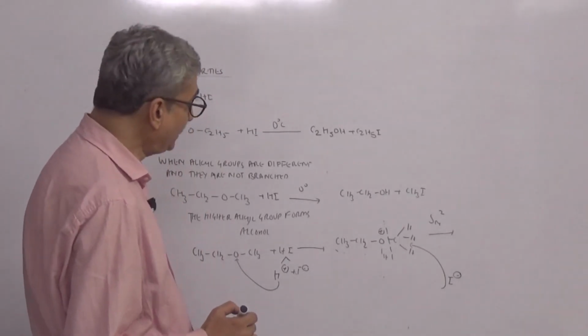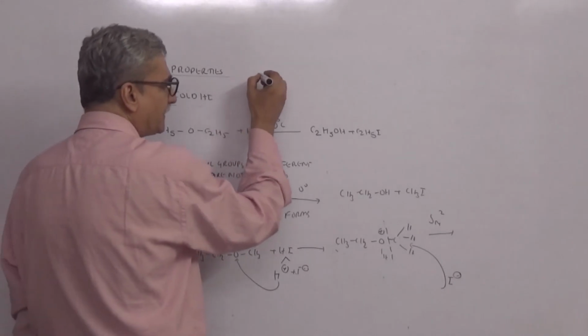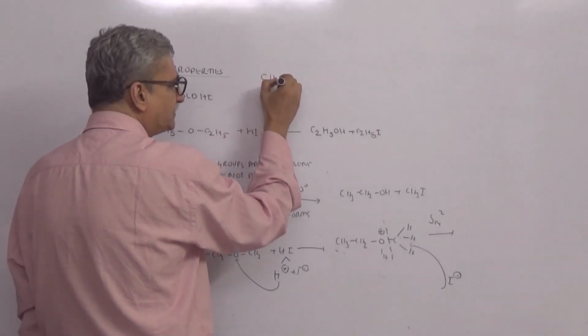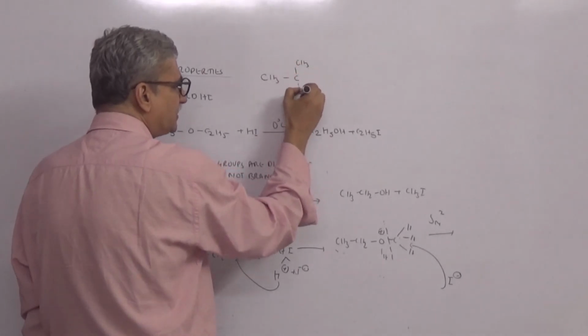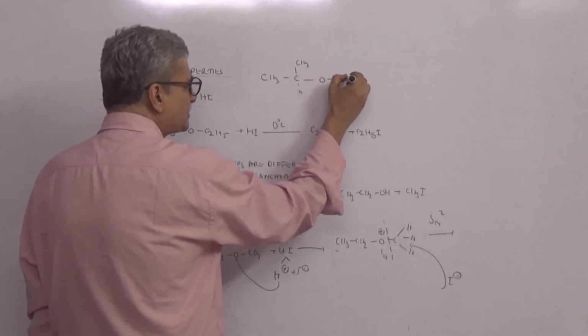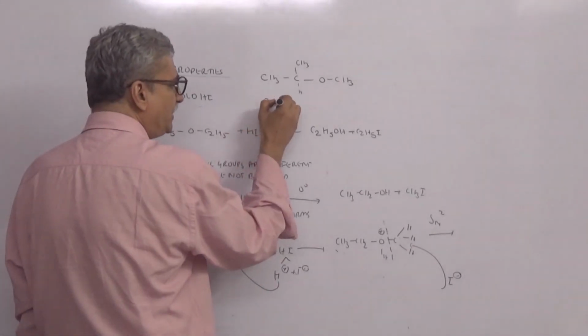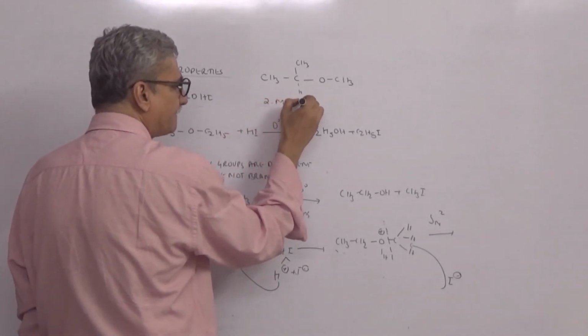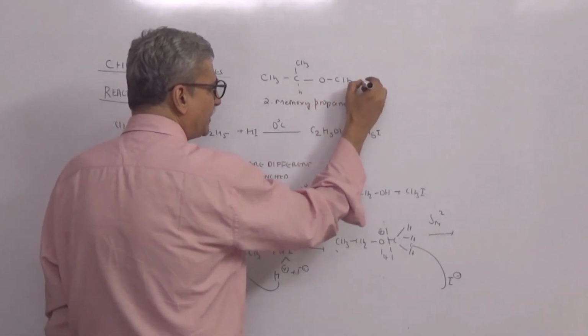Now if the alkyl group is branched, okay, let's take, we have space over here. Suppose I have (CH3)2CH-OCH3, this is 2-methoxypropane.